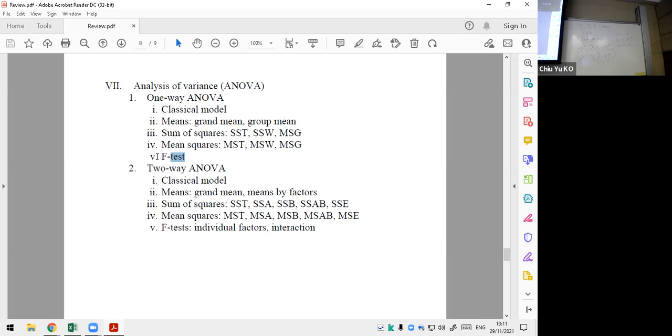You make some assumption on the underlying model, you should be very careful on what assumption you're making, right? Because remember, for one-way Anova, there's a classical model, there's assumption, right? And the two-way Anova also has another set of assumptions. Only if the assumptions are true, then you can use this kind of model.